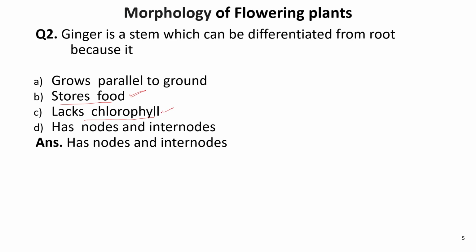Lacks chlorophyll. Yes, they also lack chlorophyll, but they have nodes and internodes. Nodes and internodes are only present on the stem. They are not present on the root region. So this one is the correct statement if we compare with the root. Otherwise, all the statements are correct for the ginger. So be very careful if such type of question is asked.